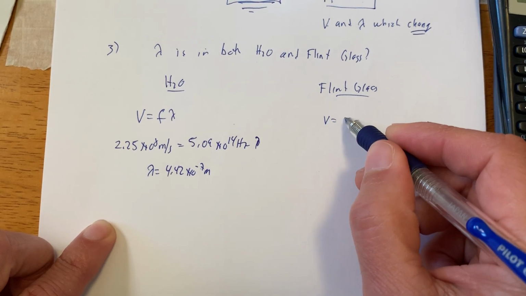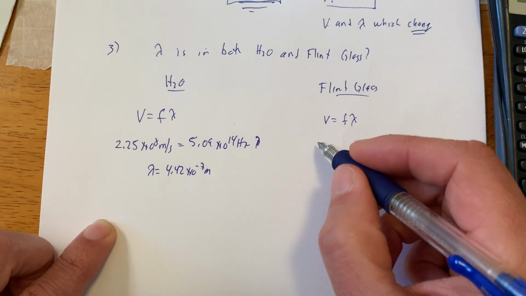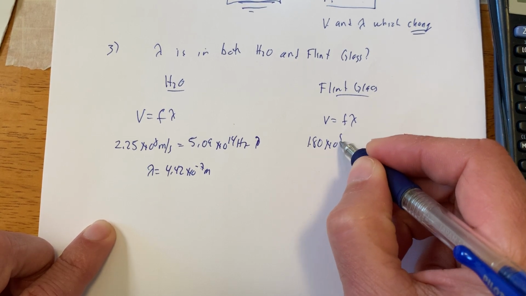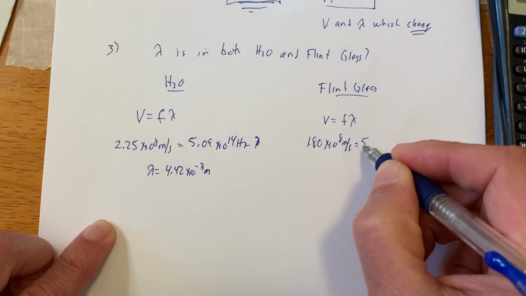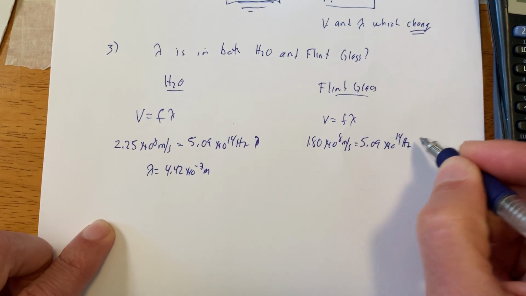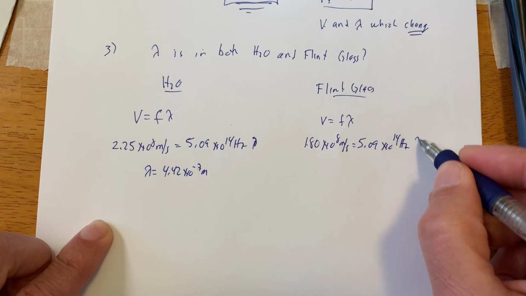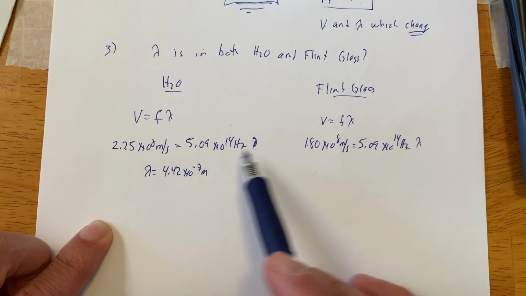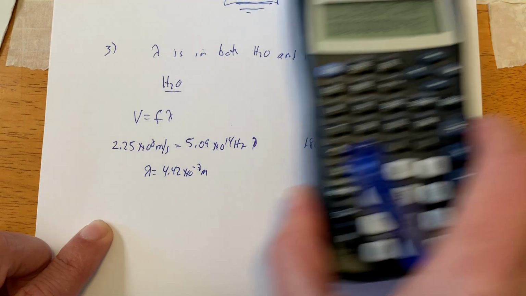So what do I have? Velocity is equal to frequency times wavelength. I think we said it was 1.80 times 10 to the 8th meters per second, and 5.09 times 10 to the 14th hertz, because that's the frequency of light. Yes, it's going from H2O to flint glass, but once again, my frequency never changes.